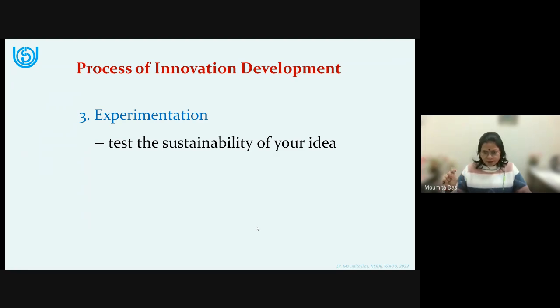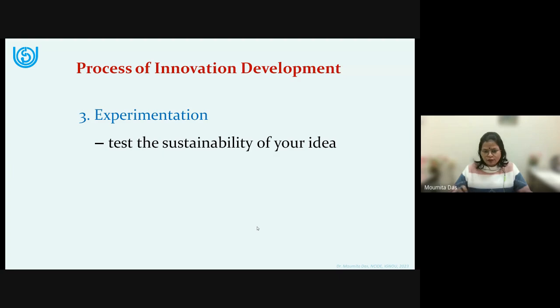So there is a certain process that you have to follow in experimentation. Usually there is a requirement of a lab, but laboratory doesn't mean the traditional kind of laboratory that you see in your colleges or schools or other such labs. It could be your kitchen also.